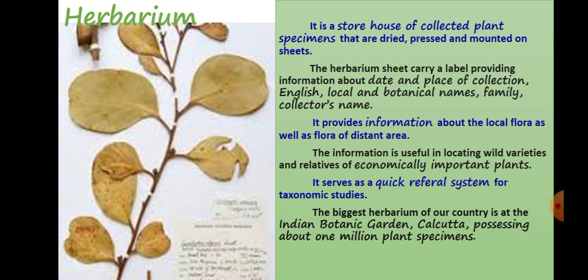All these things are included in that label. Now it is one of the taxonomical aids which give us information about the specific specimen of a plant. The actual plant is dried, pressed, preserved and mounted on the drawing sheet along with its description.